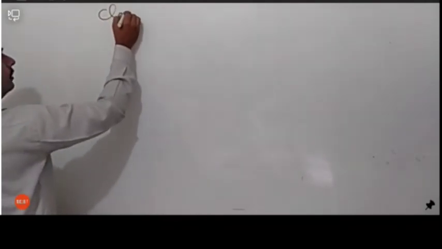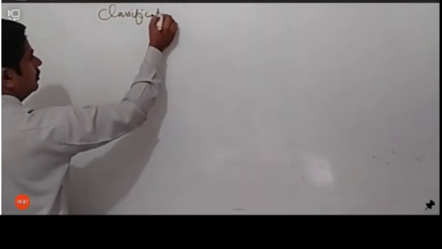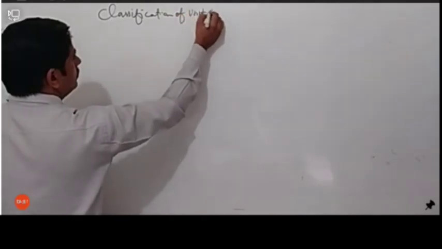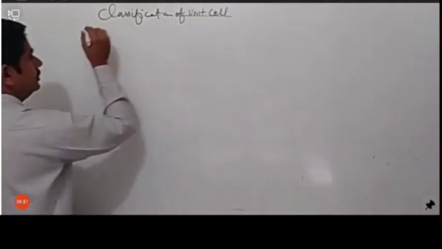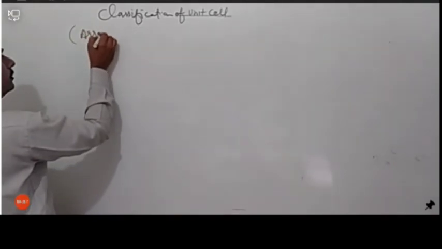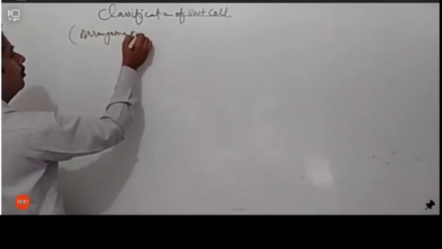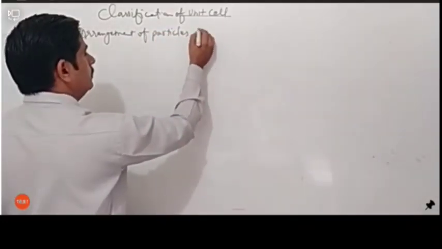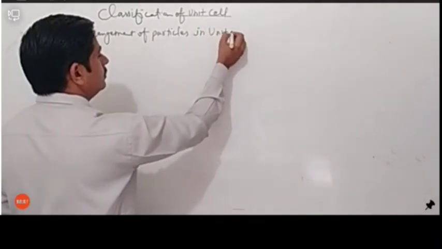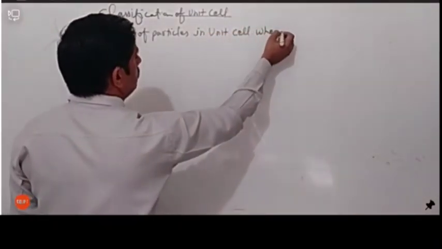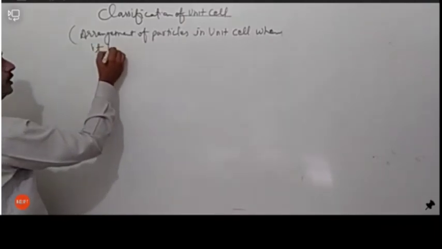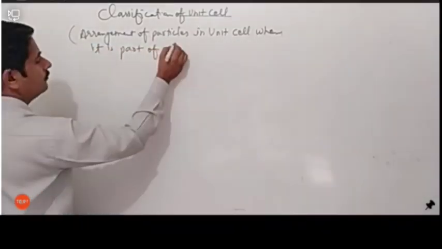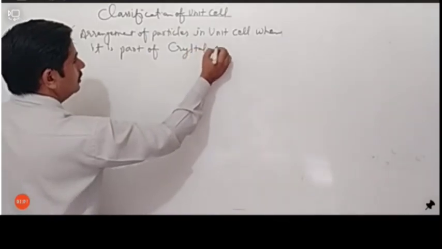Okay, let's see. So now we are again classifying the unit cell. Classification of unit cell, arrangement of particles in the unit cell when it is part of a crystal lattice.